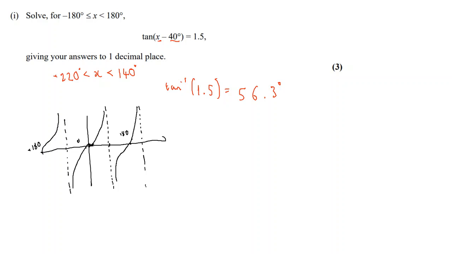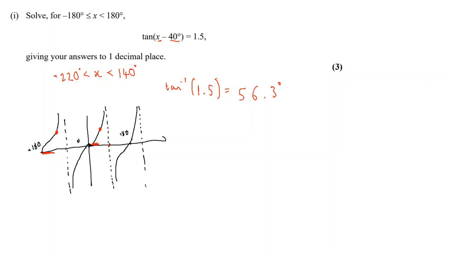Okay, so then in terms of the value, we've got a value of 56.3. Well, this here is 90, so 56.3 would be about here. Okay, so within that range then, my other equivalent value is going to be about here. Now, personally, the way I would spot this is, from here to here is 56.3 degrees.